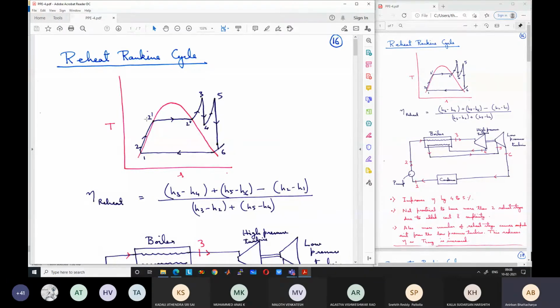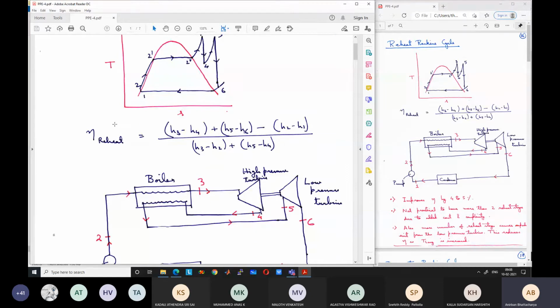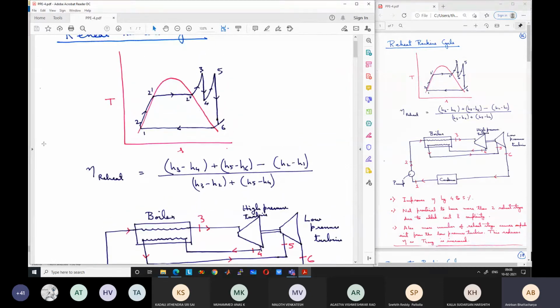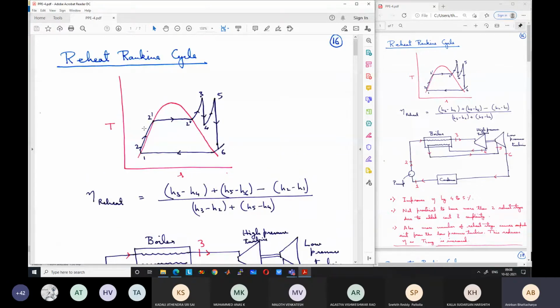For the reheat Rankine cycle, the concept is very simple. The first part of the cycle is similar to the simple Rankine cycle. From 1 to 2, you have an increase in pressure, which is the compression process in the pump.